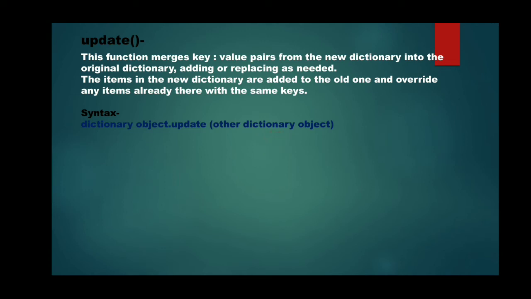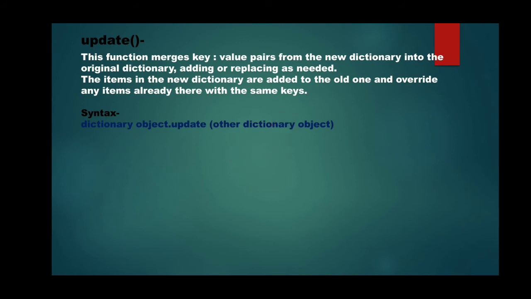If the current dictionary object does not contain any key which exists in the passed dictionary object, then the new key value pair will be added to the current dictionary object. For example, if this dictionary object contains certain key value pairs which are not present over here, then those key value pairs will be added to this dictionary. But if it contains certain key value pairs which are already there, then the key value pairs of this dictionary object will be updated according to this.